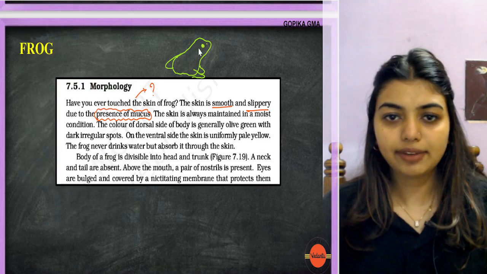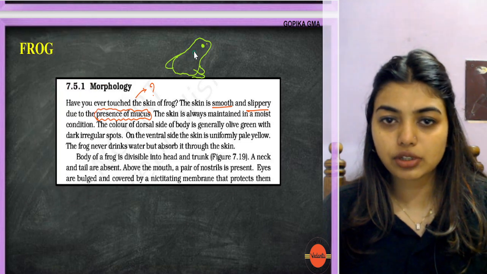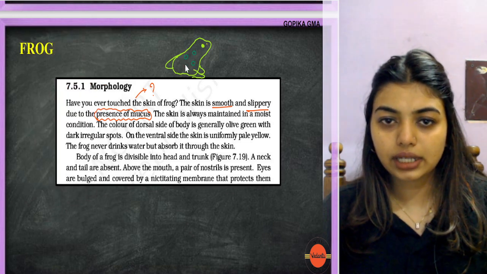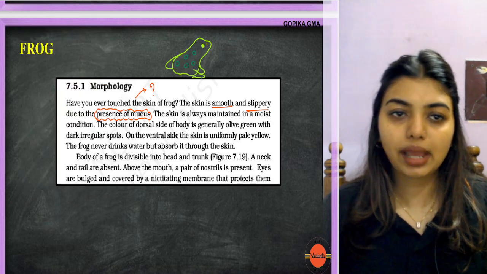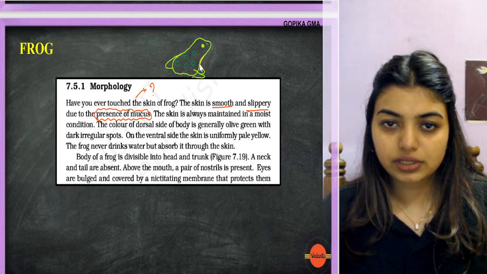Yes, this is the tympanum. You will notice that the frogs have dark green spots on their back, and on the lower surface they have a yellow color.